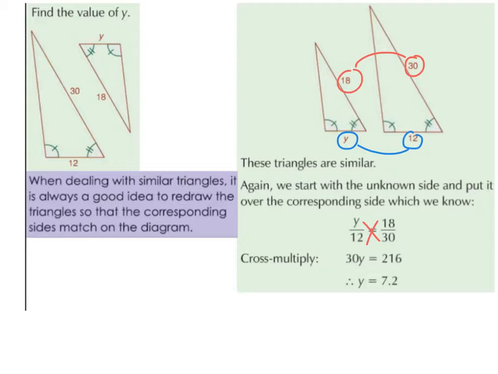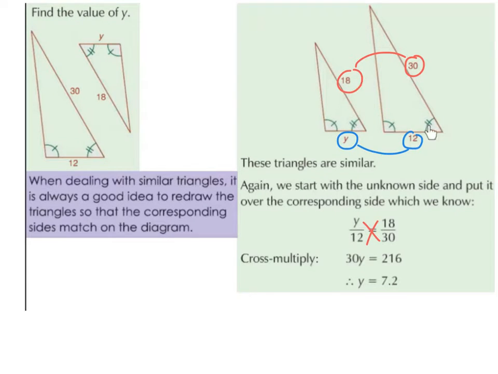Now the y over 12 could have been on the right hand side and the 18 over 30 could have been on the left hand side. Or we could have had 12 over y equals 30 over 18, or 30 over 18 equals 12 over y. Doesn't matter which way we have it, so long as one of the triangles, let's say for example the smaller triangle, both of their values are either both the numerators or both the denominators.